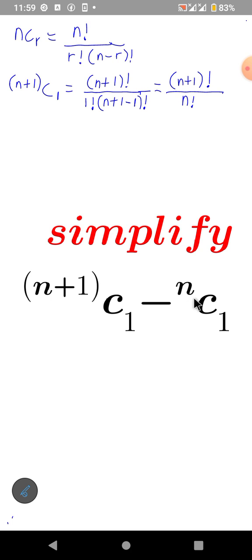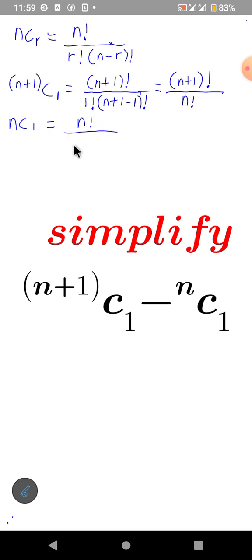So now let me expand this one also. That's n combination 1. I'm still going to use this formula. Now n remains n here, so here will become n factorial all over r factorial.